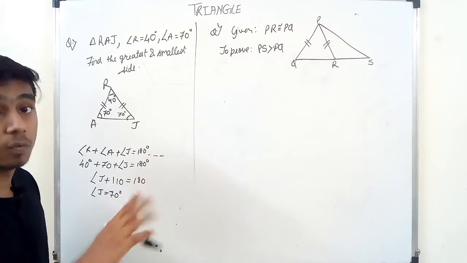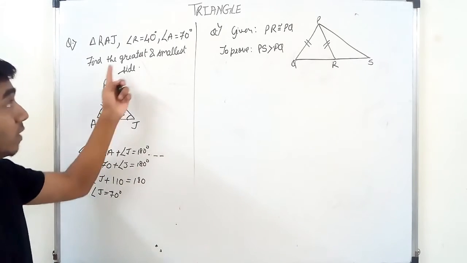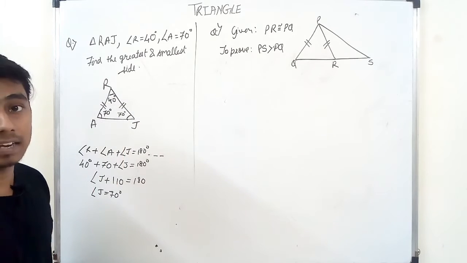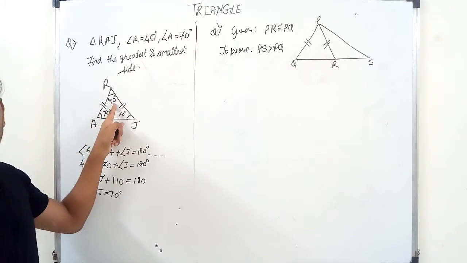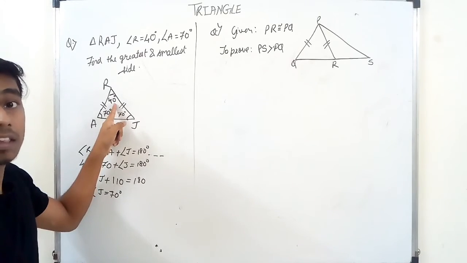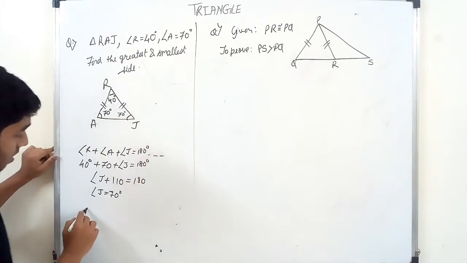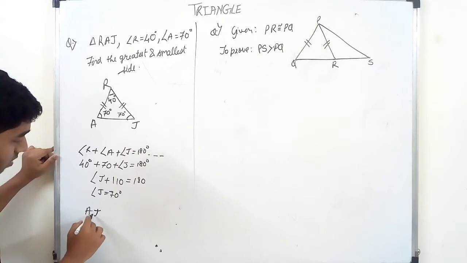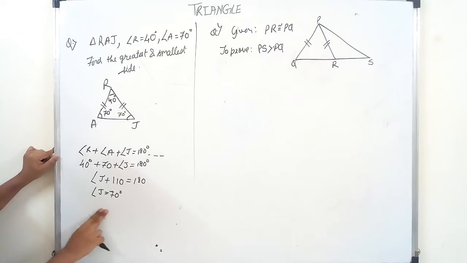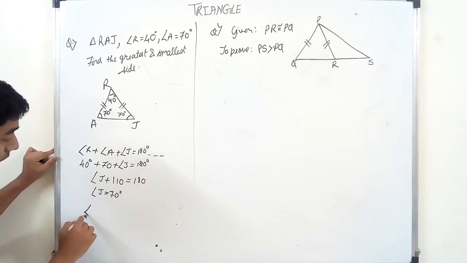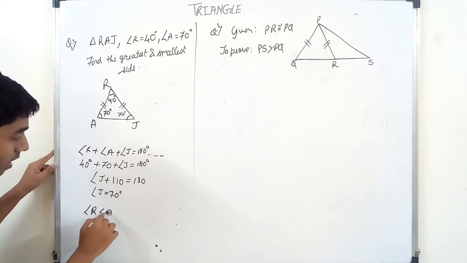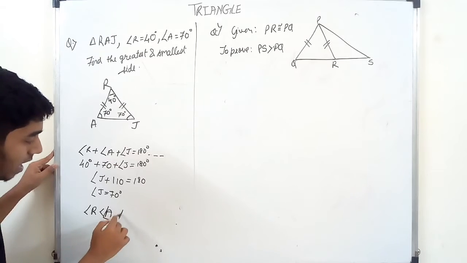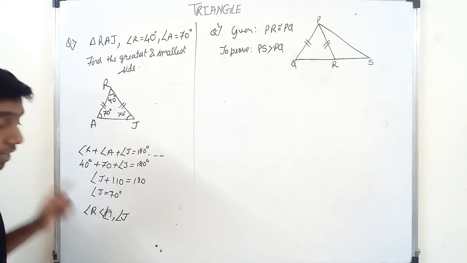Okay. First of all, what are we supposed to find? Which one is the greatest and which one is the smallest side? Therefore, we can say angle R is 40. Here we can say angle R is smaller than angle A and angle J, correct?